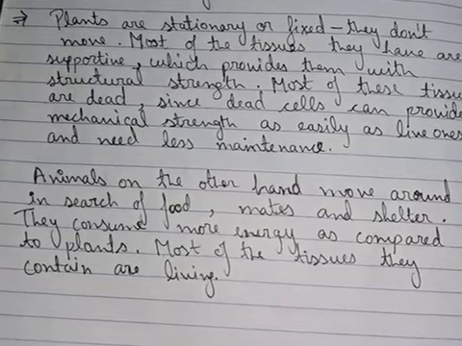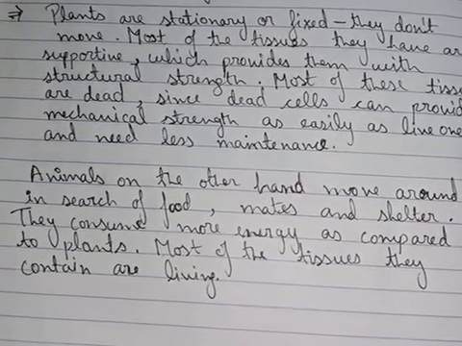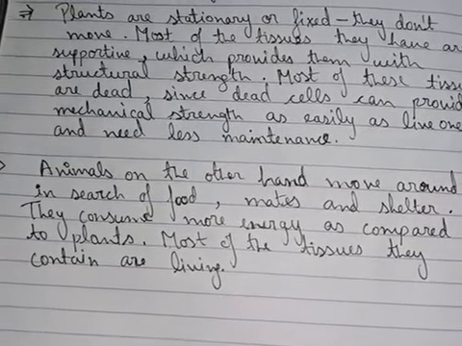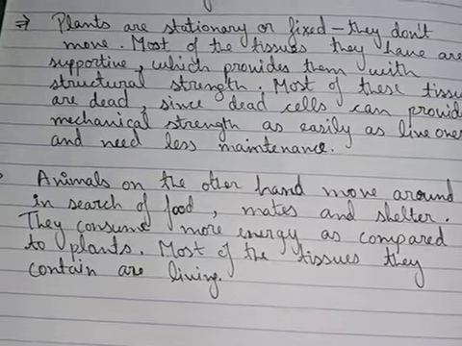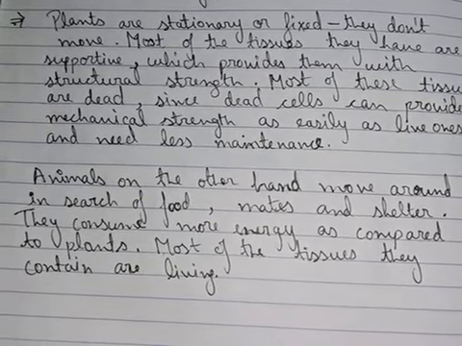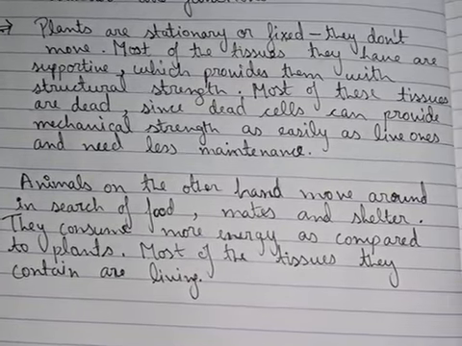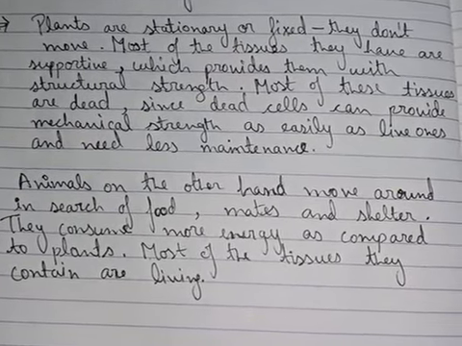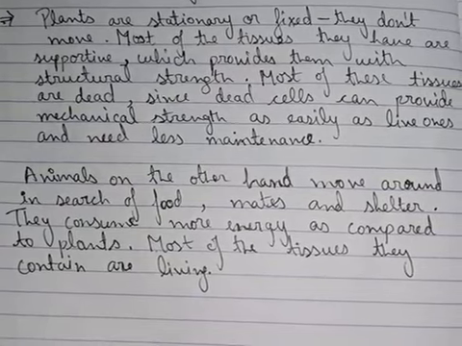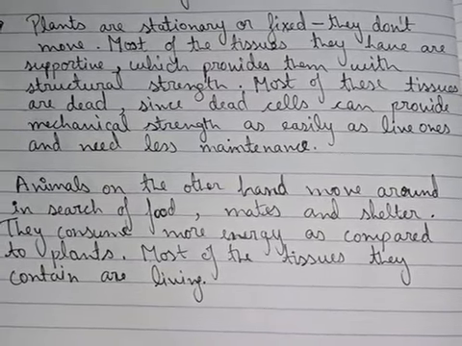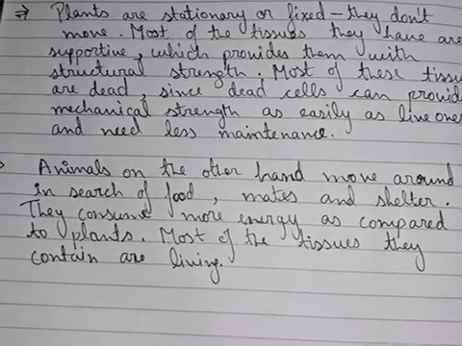Why do they need more energy? Because they always move from one place to another. That's why they need more energy in their body. Most of the tissues they contain are living. In animals, most tissues are living tissues.